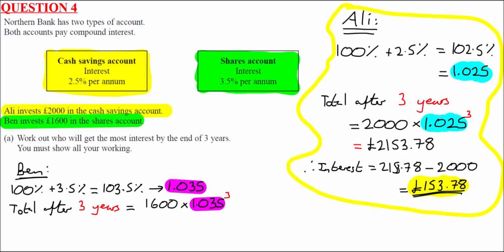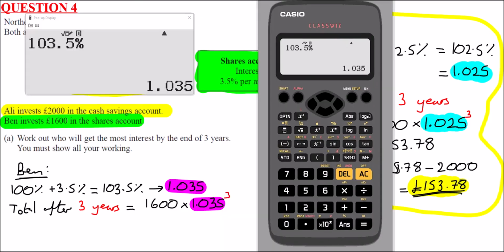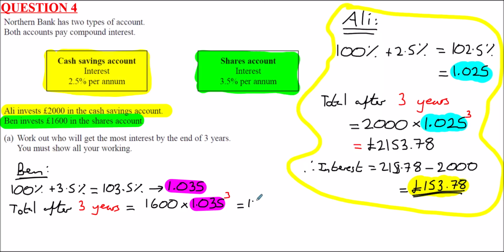So let's see what this gives us. So 1,600 multiplied by 1.035 to the power 3, we get 1773.95 to the nearest penny, of course.